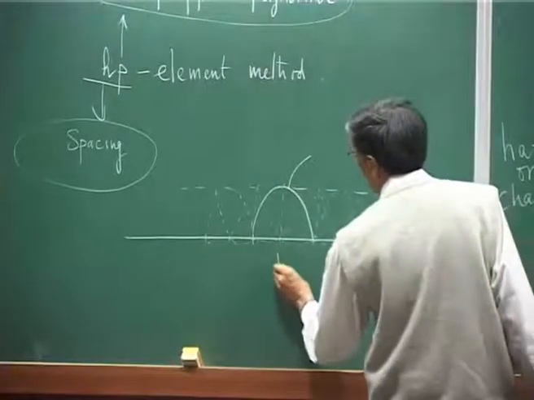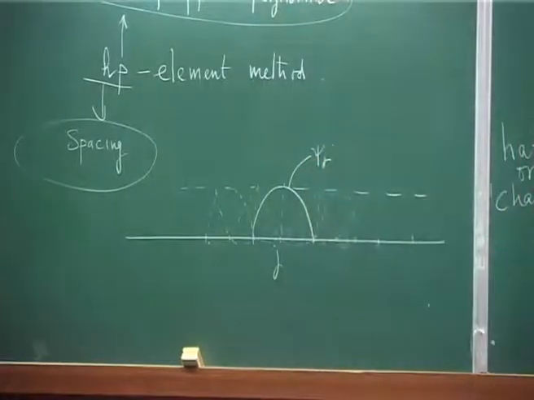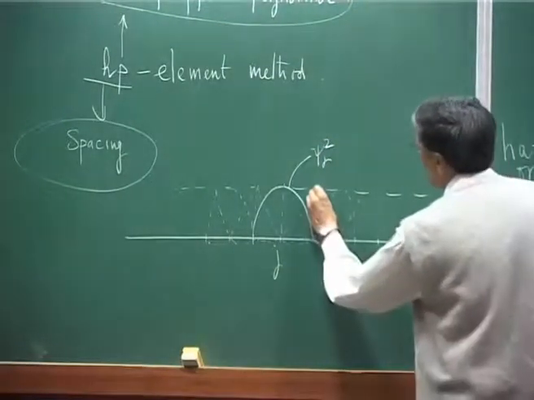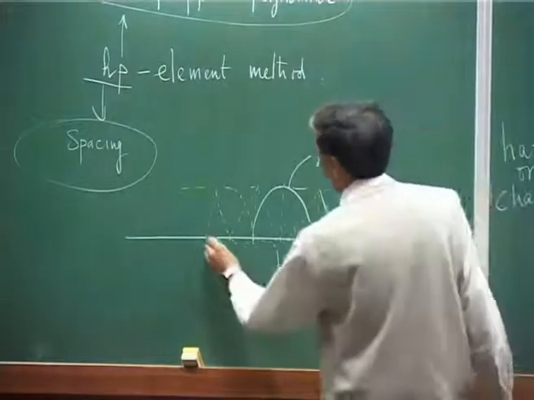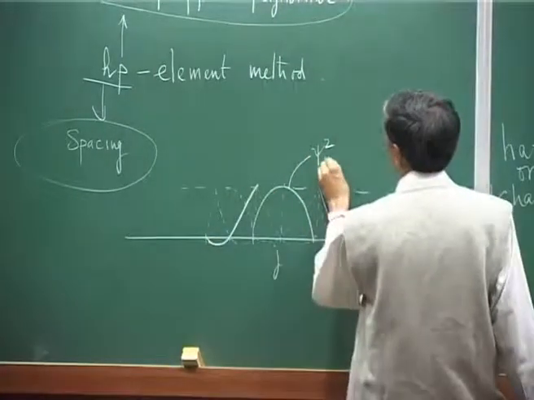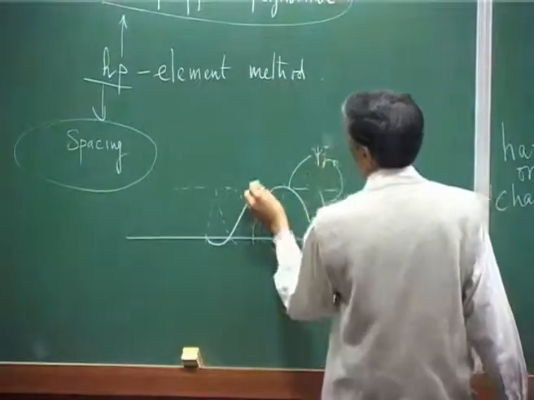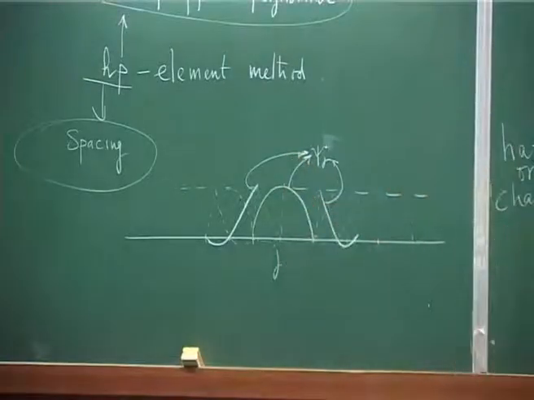Suppose this is the jth element, then this is going to be one of the elements that we called psi 2 j, and to that we add this part, and this part. So these 3 elements constitute psi j. That is what I have shown here with this function on the right.